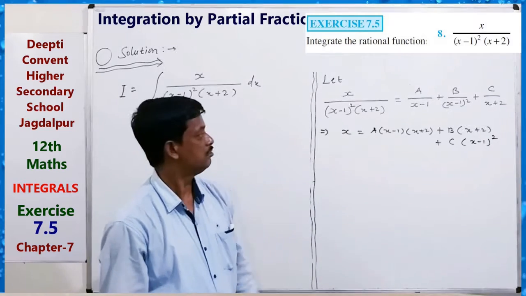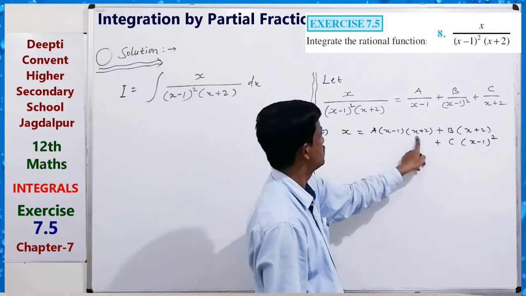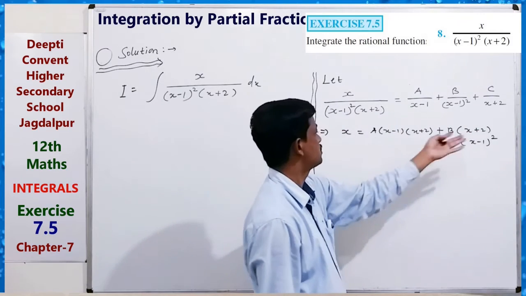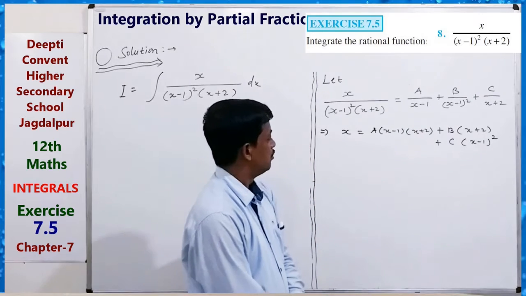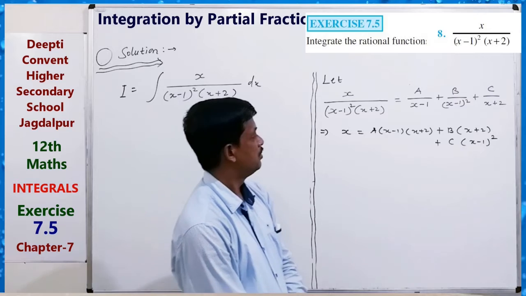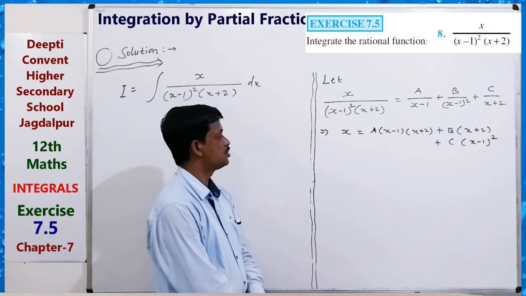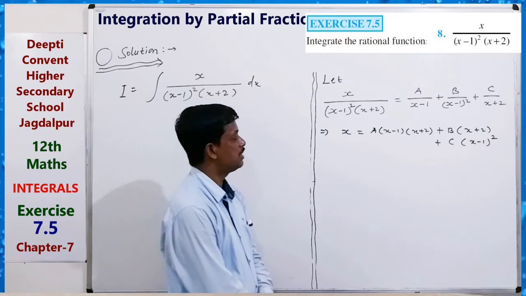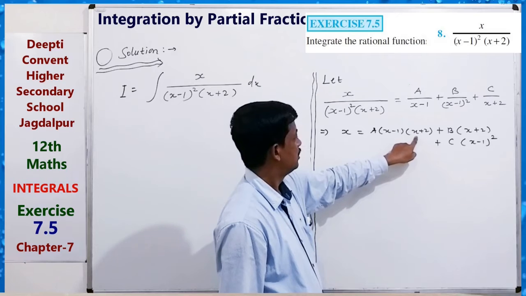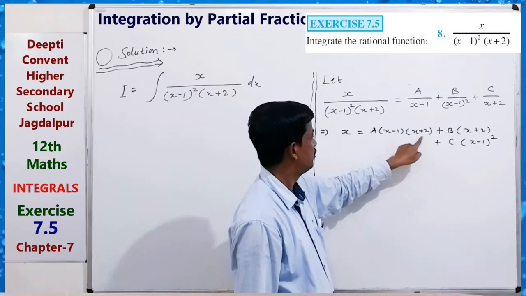Okay, this type of value we can get. So putting x equal to 1, we can get the value of b. And putting x equal to minus 2, we can get the value of c.